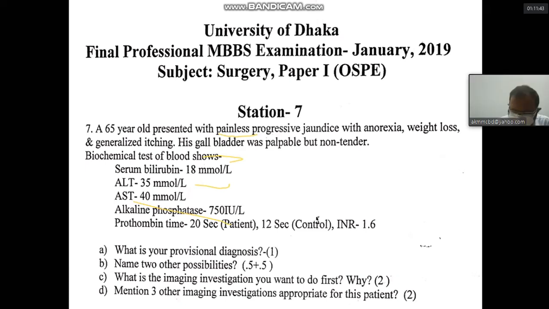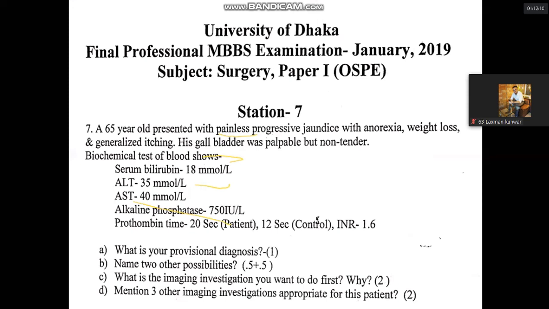What are other possibilities? Periampullary carcinoma and cholangiocarcinoma. Can it be carcinoma gallbladder?